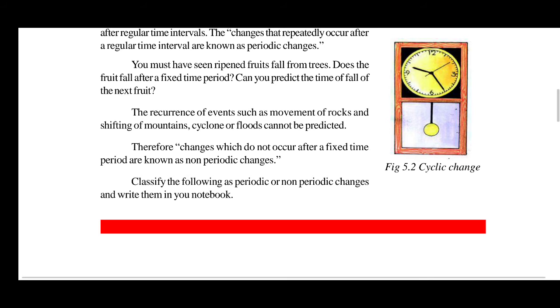Events such as movements of rocks, shifting of plates, cyclones or floods cannot be predicted. Changes which do not occur after a fixed time are called non-periodic, because we cannot predict when or what will happen. Seasons also sometimes change suddenly. That is called non-periodic, or acyclic, changes.